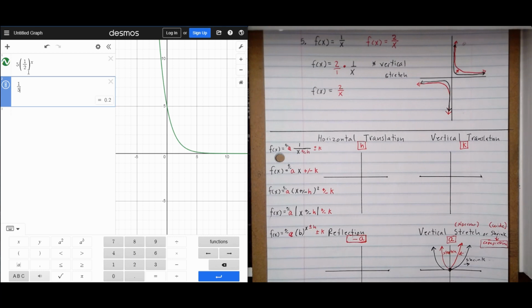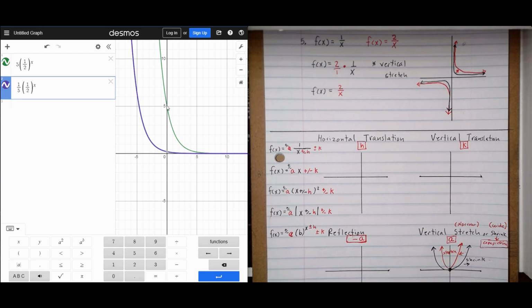So again, this top one right here, we're having a vertical stretch. And on this bottom one, we had a vertical shrink. Also notice our y-intercept changed.